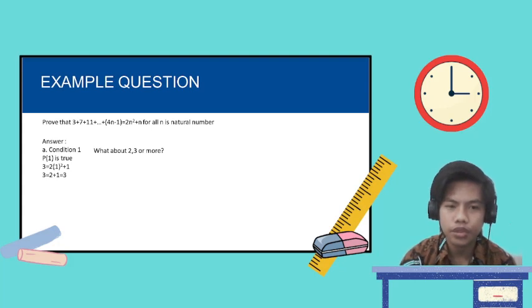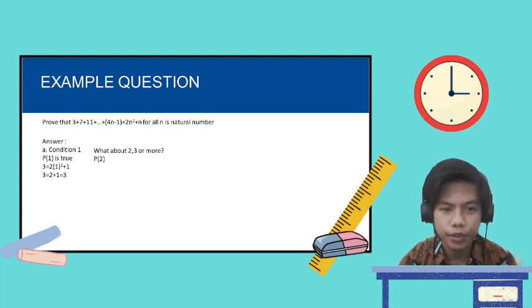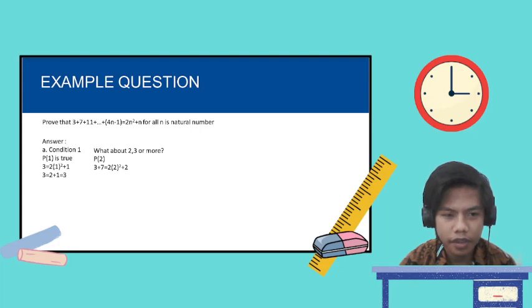And what about 2, 3 or more? Well, P2 is 3 plus 7. We know that 3 is the first term and 7 is the second term, and that is equal to 2 times 2 squared plus 2, because we have n equals 2.